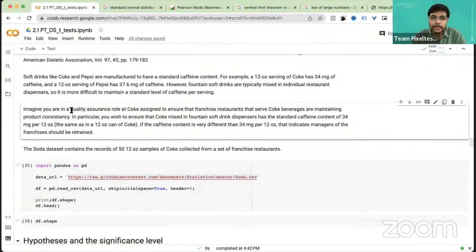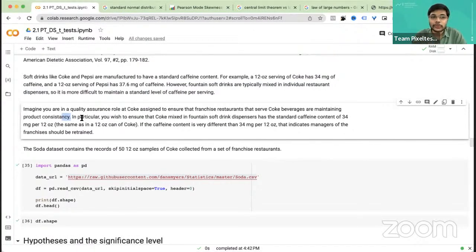Imagine you are in a quality assurance role at Coke, assigned to ensure that franchisee restaurants that serve Coke beverages are maintaining product consistency. Or else the taste of the drink looks different every time.